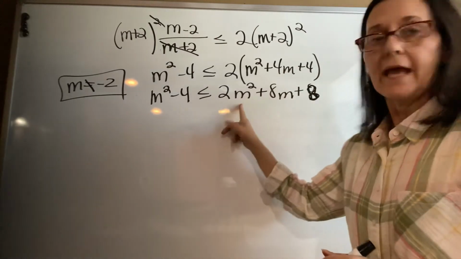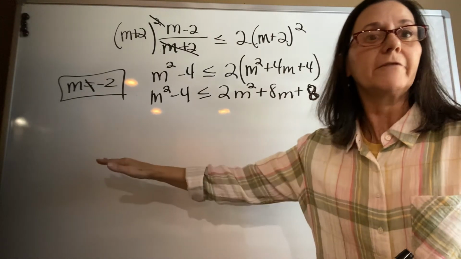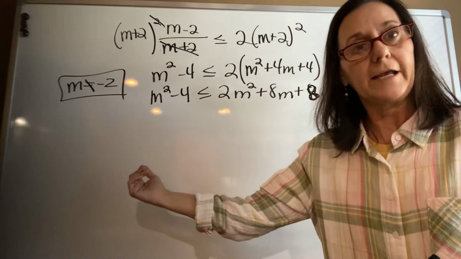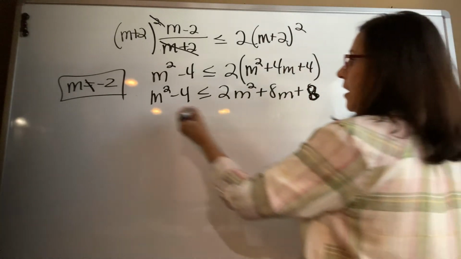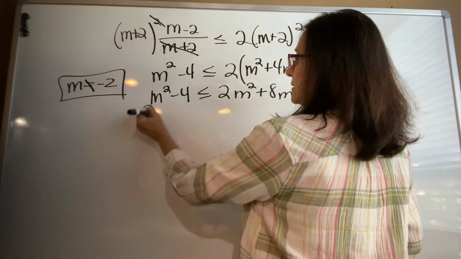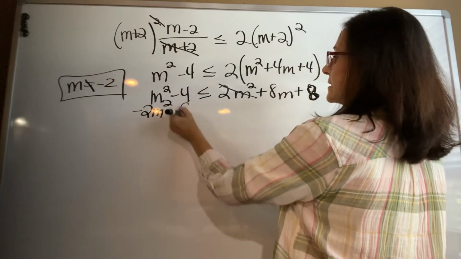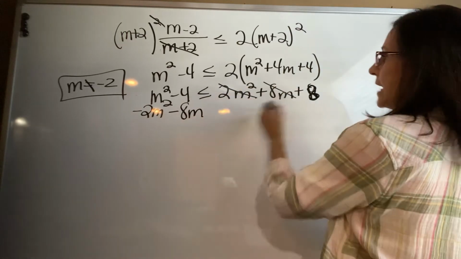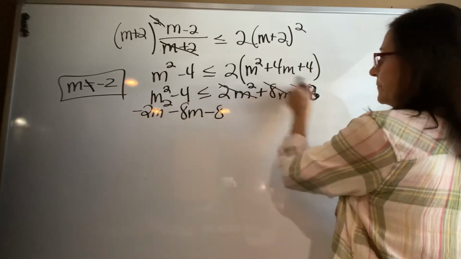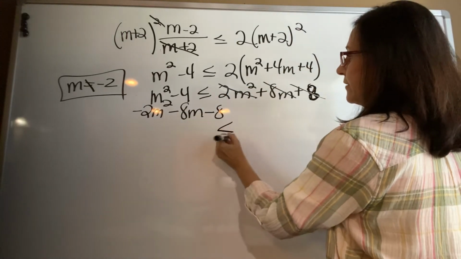I'll end up with a negative m squared, but then I'm going to multiply everything by a negative 1, which changes the direction of the sign. So I subtract 2m squared from both sides, subtract 8m from both sides, and subtract 8, leaving it less than or equal to 0.